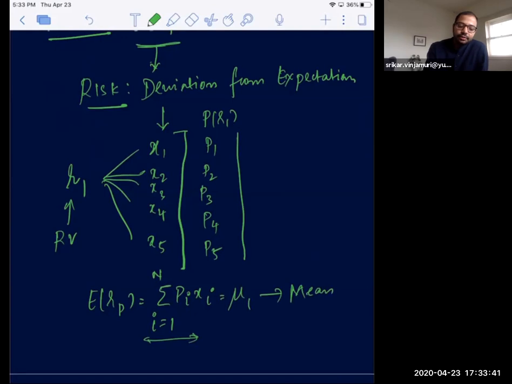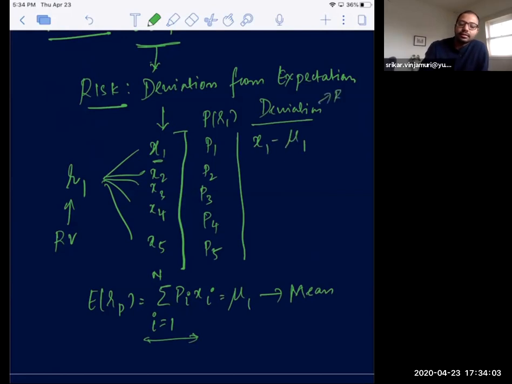Now a deviation is going to tell me how far I am off in each of these states of the world from my expectation. If I get X1, the difference between where I end up minus what I expected, this is risk.